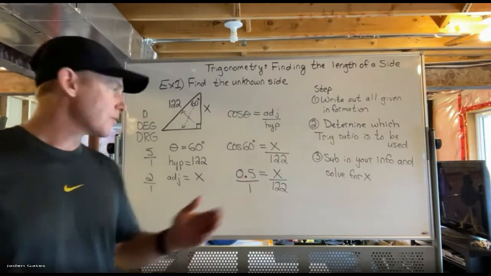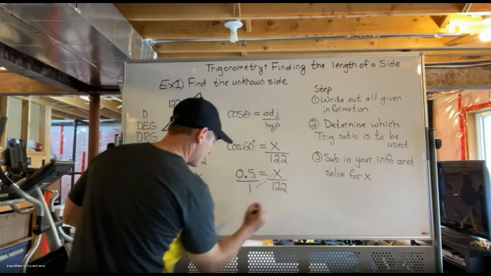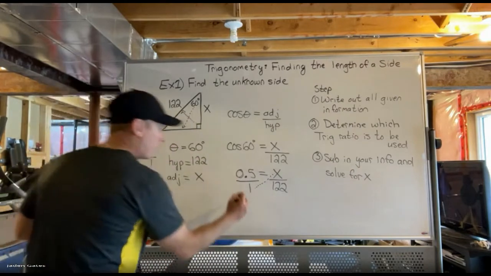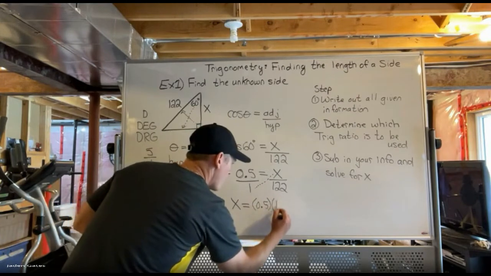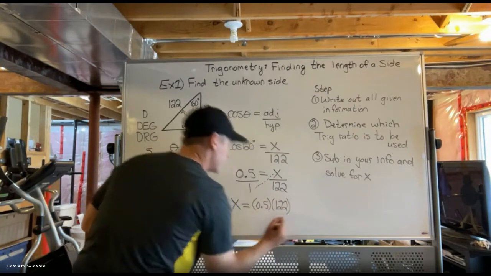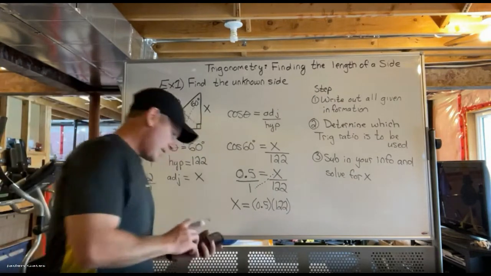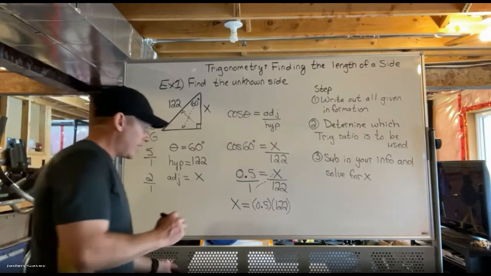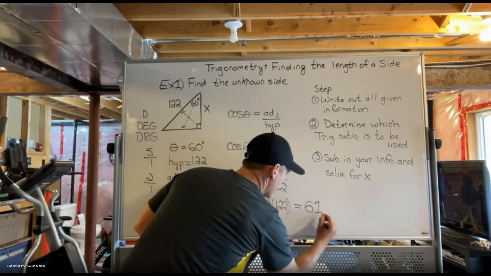I'm now going to cross multiply. So I have 1 times x, well, that's just x. But then I have 0.5 times 122. I get out my calculator, put in 0.5 times 122, and I get a round number actually, 61.